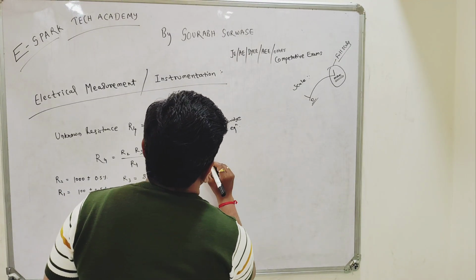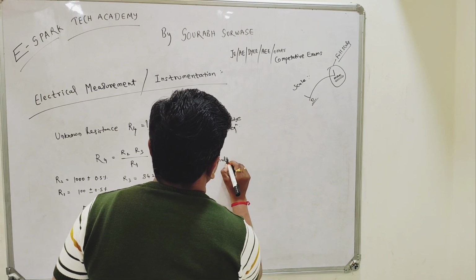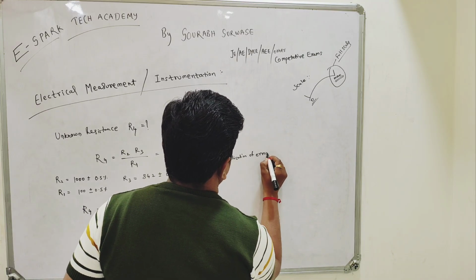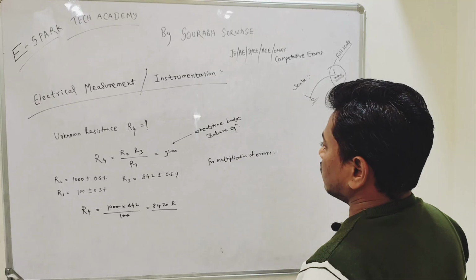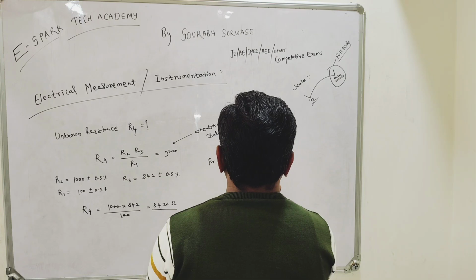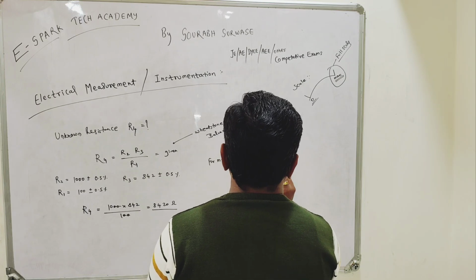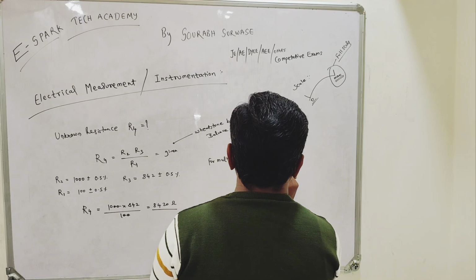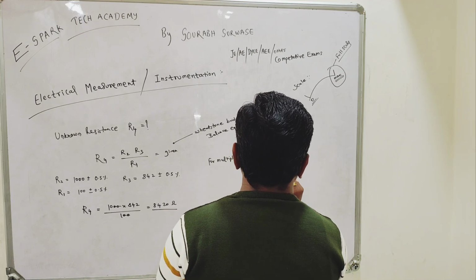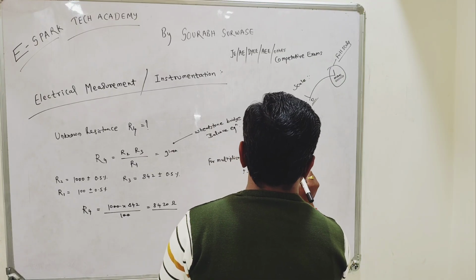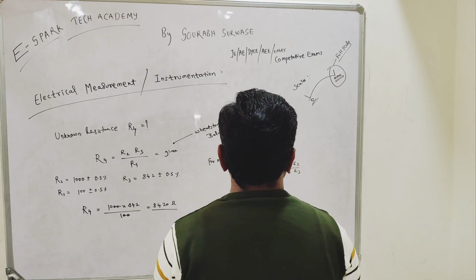For multiplication of errors, this is very important, multiplication of errors, in that case what happens is dR1 by R1 plus minus dR2 by R2, and in the same way dR3 by R3.